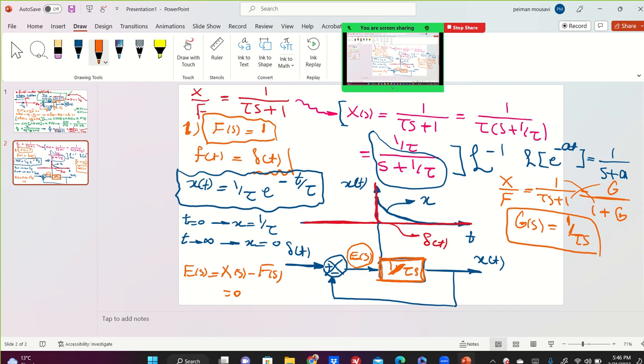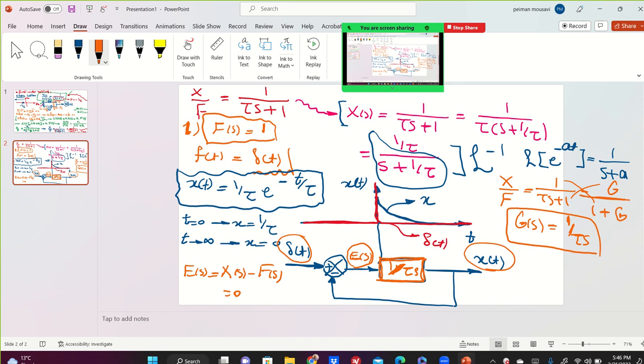Yes, guys? Yeah, please go ahead. Yeah, I'm just putting, yeah, you're right. So I'm just putting here because I'm talking about the steady state in time domain.